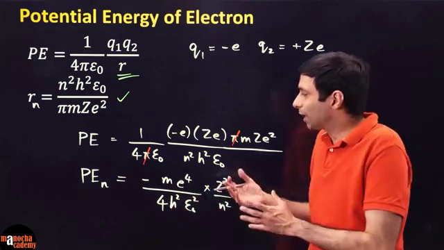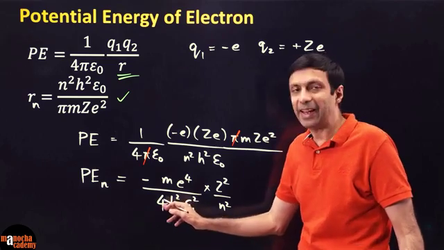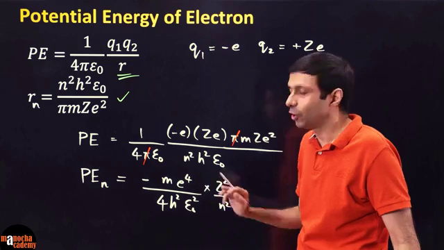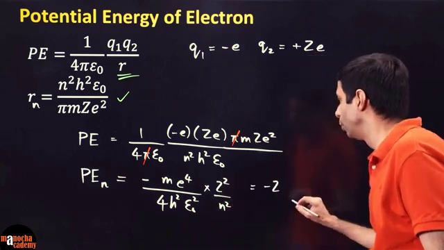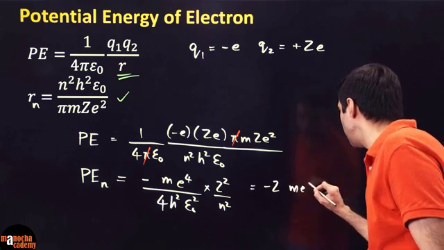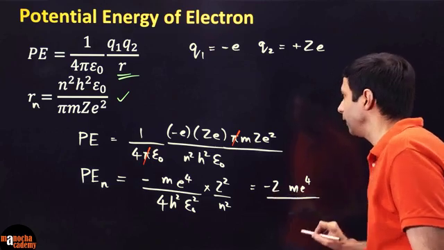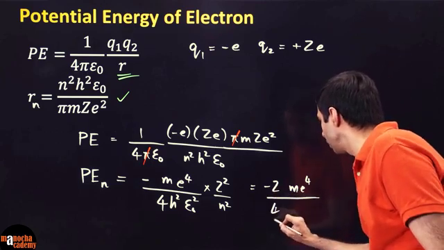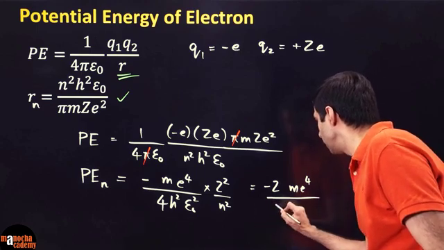Okay, so if you want to compare this potential energy with the kinetic energy, maybe I can change this to an 8. So I'll multiply the denominator and numerator by 2. So what will we get over here? Minus 2 m e to the power 4 divided by 4 h square, 8, you multiply it by 2, right?